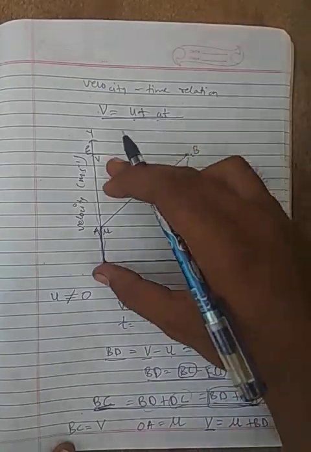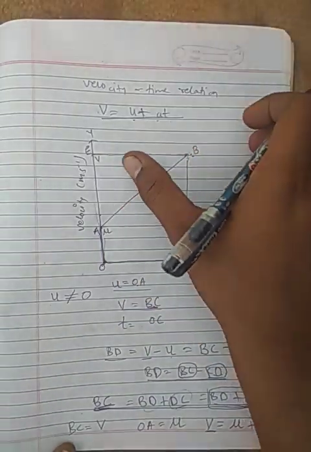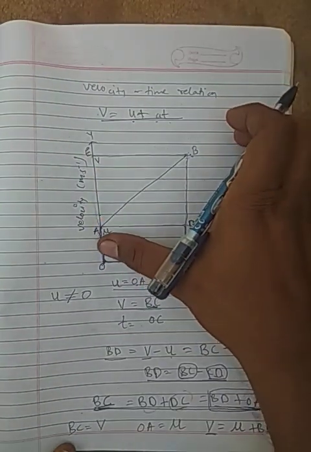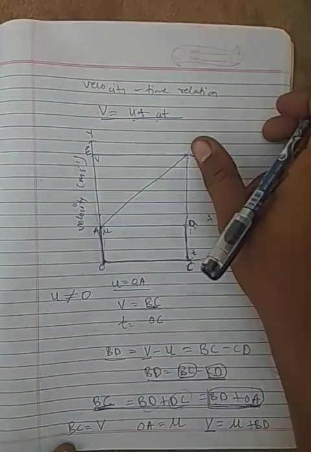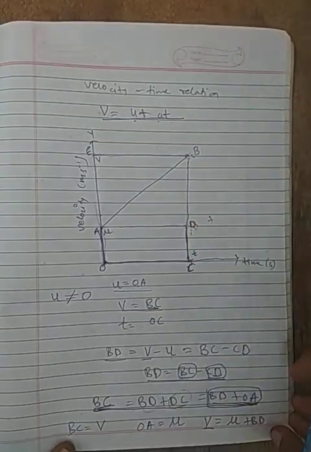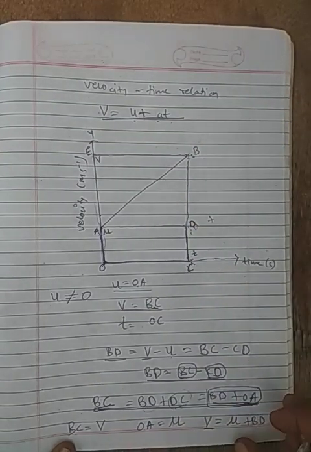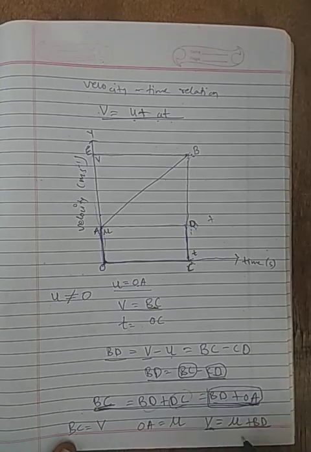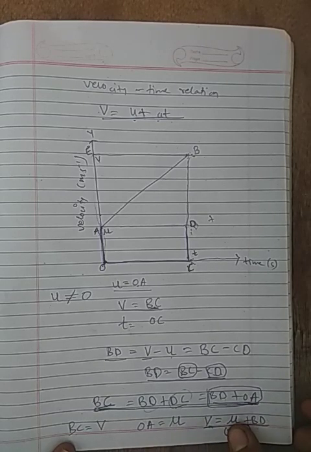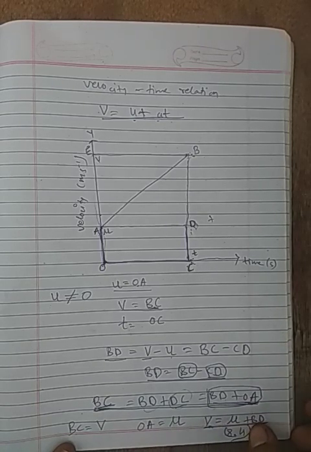Let us understand from this graph. V, the velocity, is equal to the initial velocity, which is U, plus BD. So this is the equation we got. Let us say this equation is 8.4. So V is equal to U plus BD.